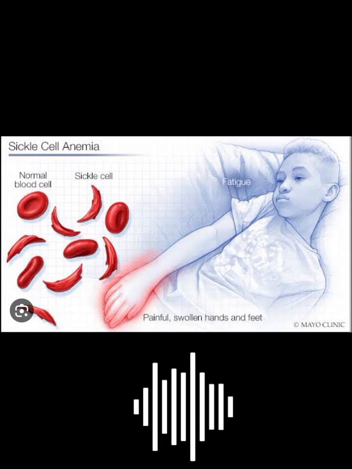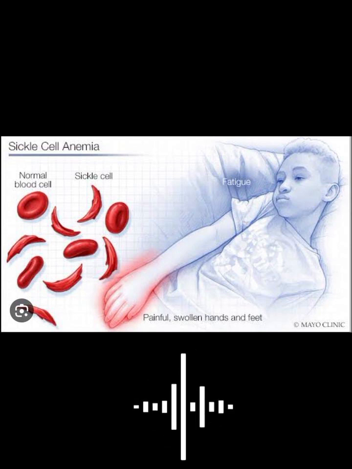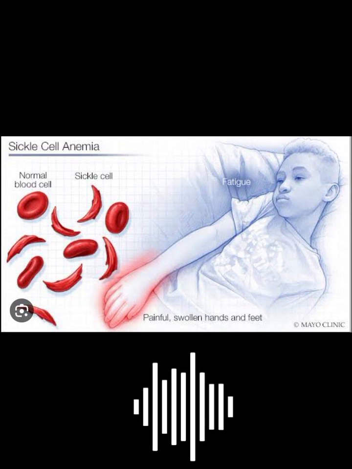So, hemoglobin is a protein that is contained in the red blood cells in the blood. It picks up oxygen from the air in the lungs and carries it to the other parts of the body where it is needed. Normal red blood cells have a round pebble shape.